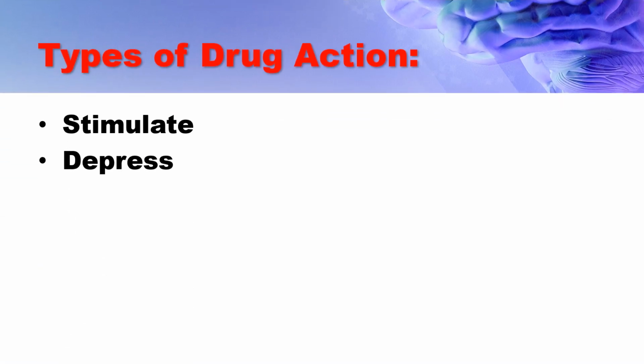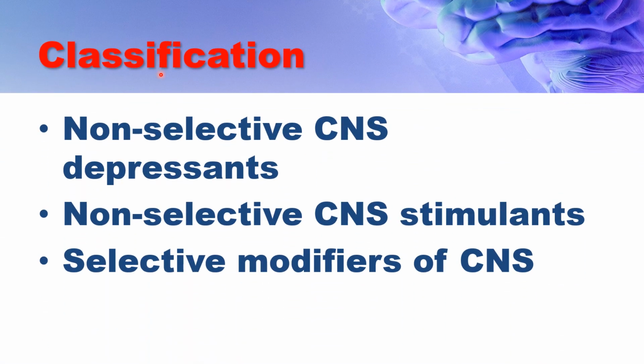Types of drug action. Drugs may either stimulate or depress the CNS. Classification of CNS drugs. They are categorized into 3 types: non-selective CNS depressants, non-selective CNS stimulants and selective modifiers of CNS.